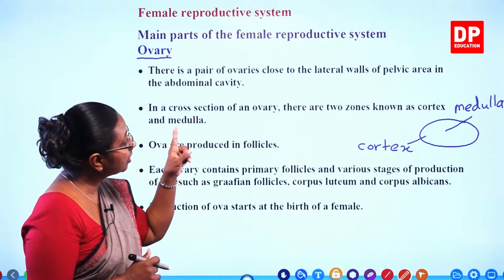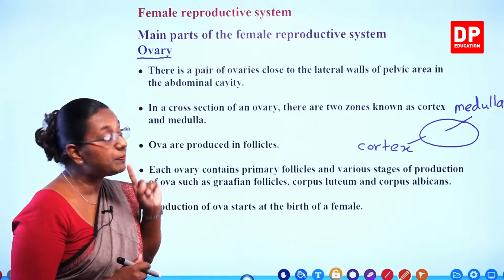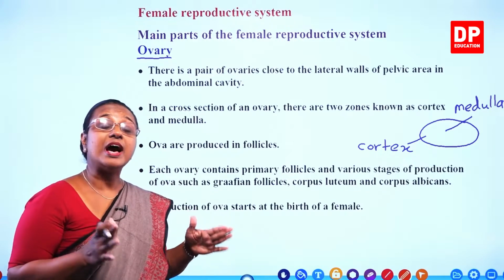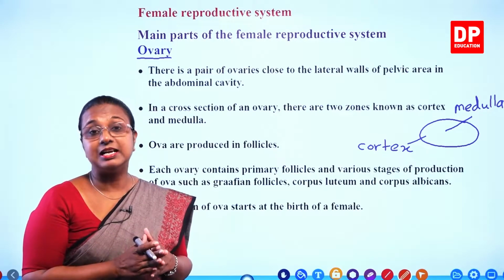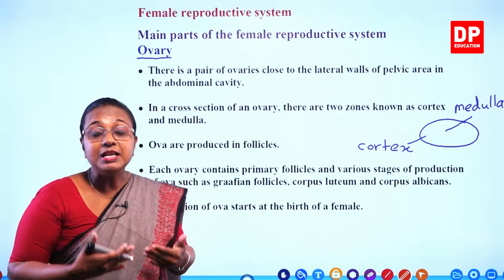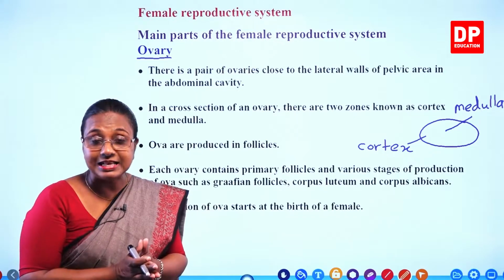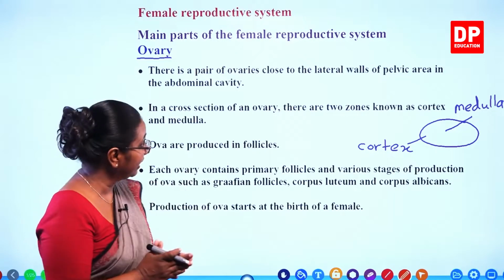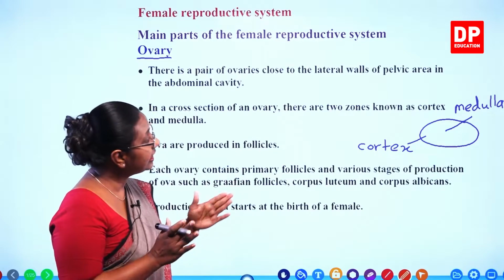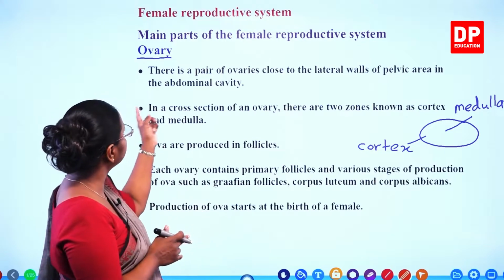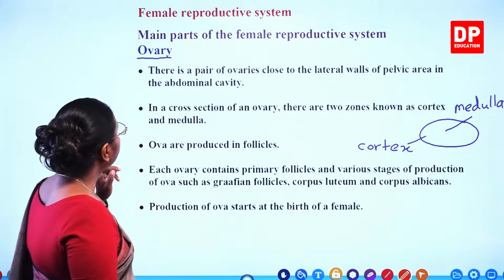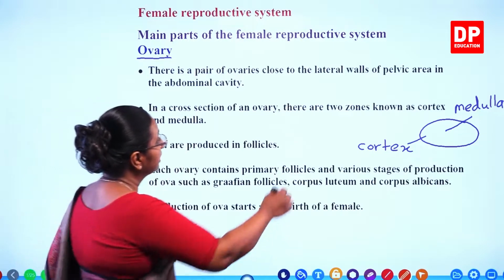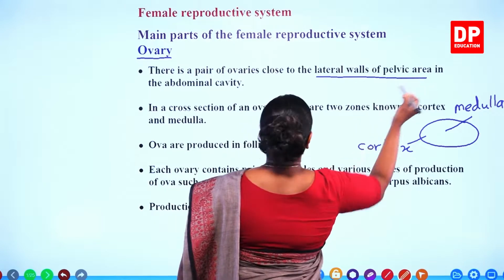You all know where the legs are. The legs normally join with the pelvic girdle. The area below the abdomen and between the legs is known as the pelvic area. So near the lateral walls of the pelvic area, there are two ovaries. Is that okay, students?